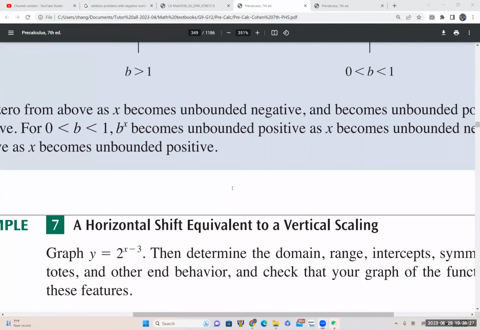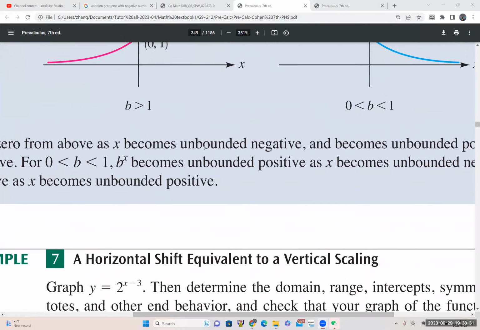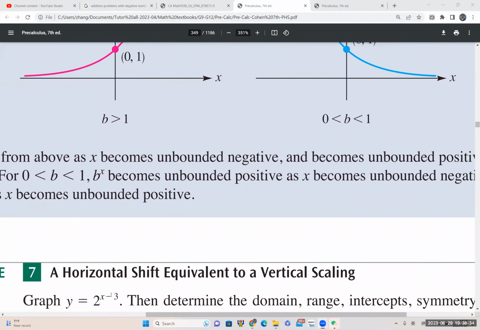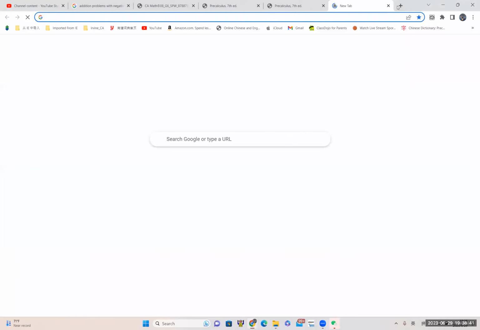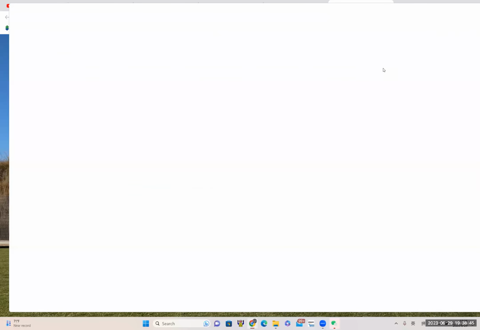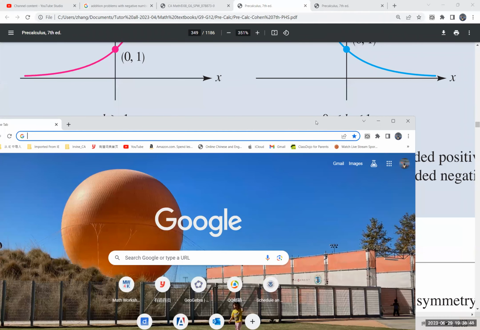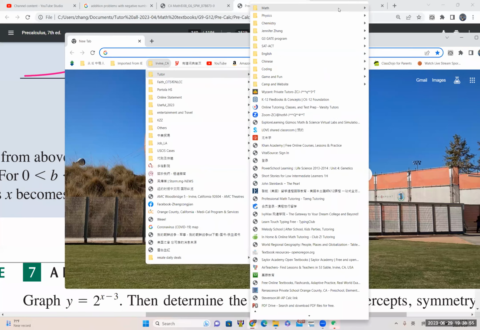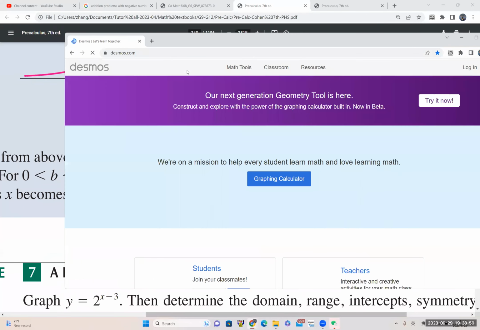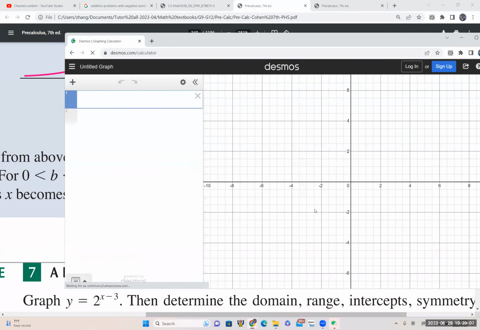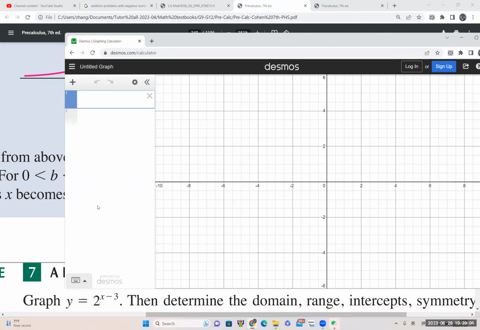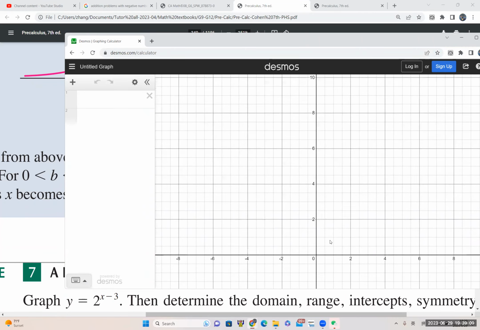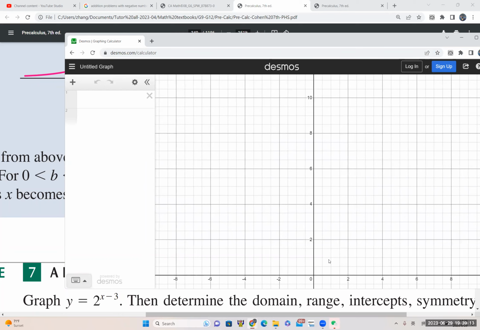Oh, okay, so let's do this. That means how to graph this, right? What's the parent function for this?